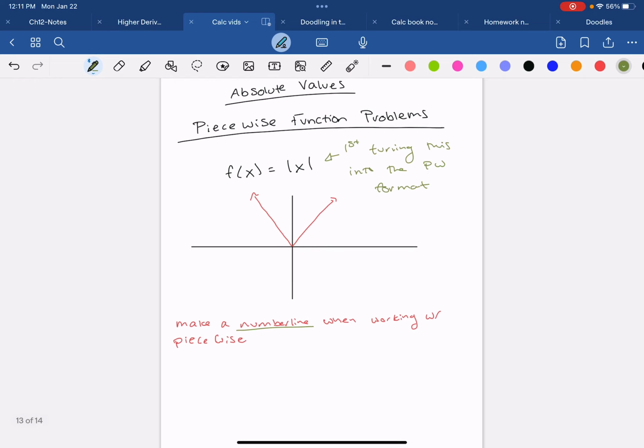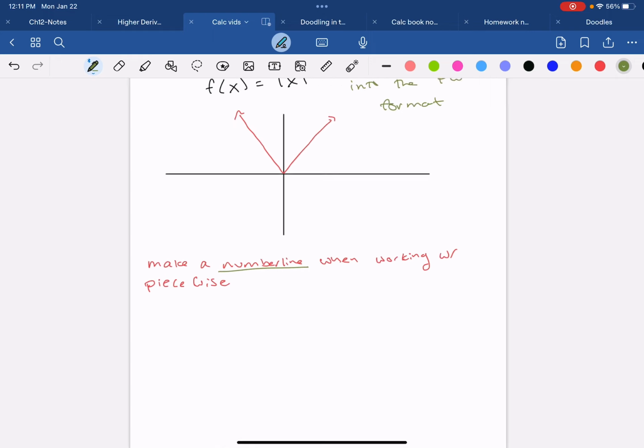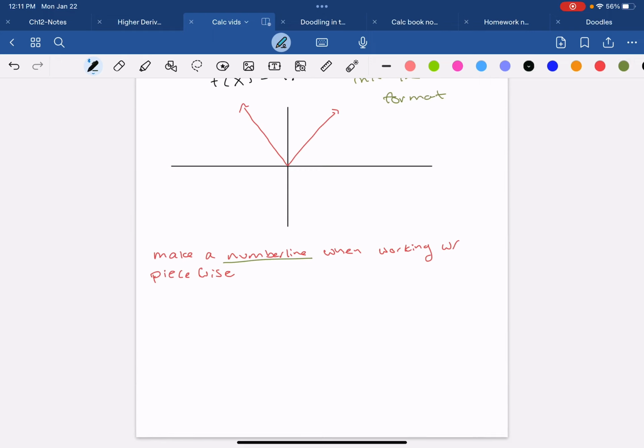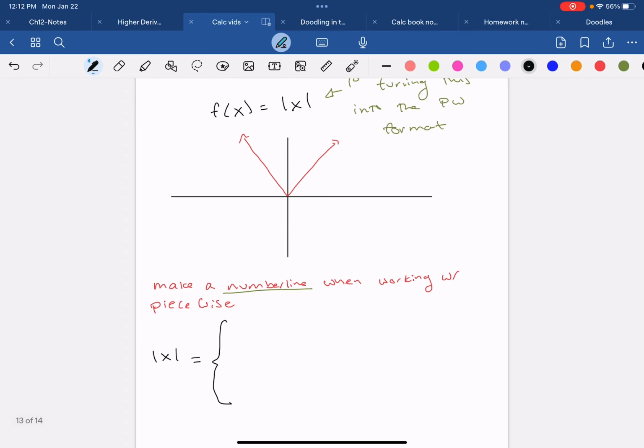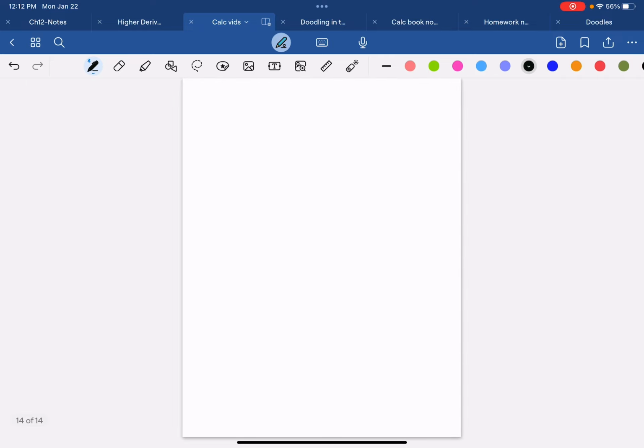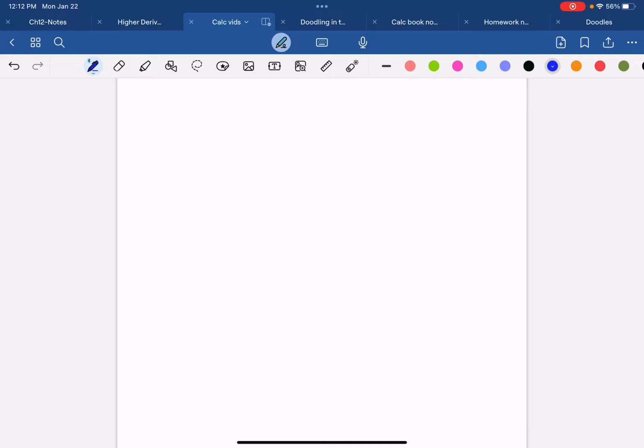So the first thing we want to do is turn this into the piecewise format. So we have the absolute value of x, and we're plugging in x values. We're not talking about our output yet, because if you take the absolute value of 5, this is equal to 5.